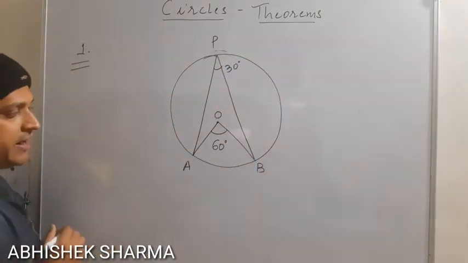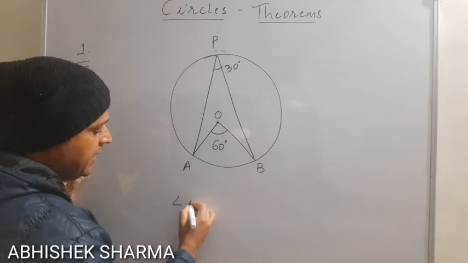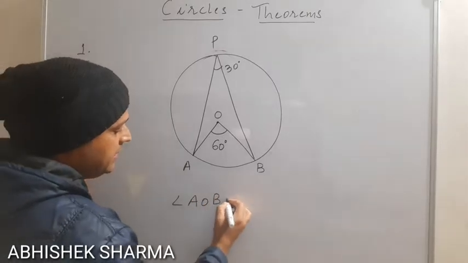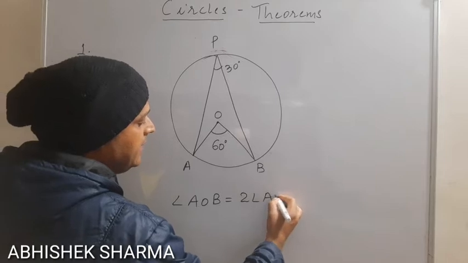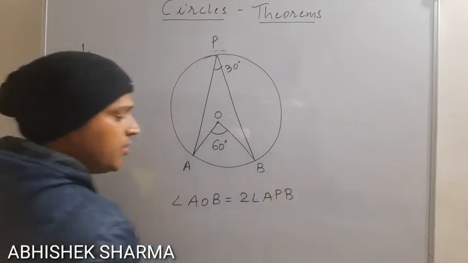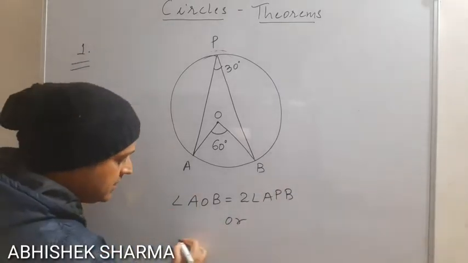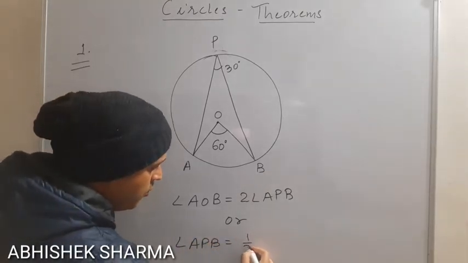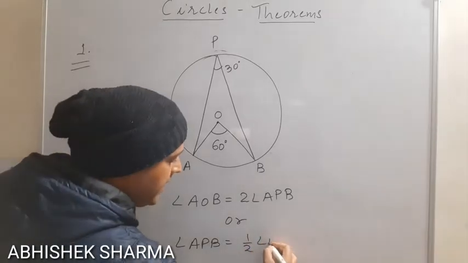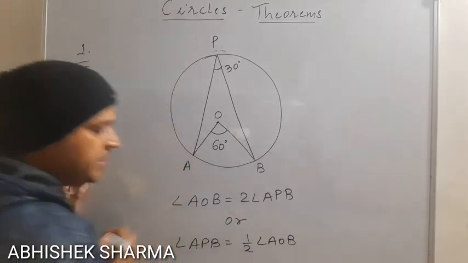So what we can write here: angle AOB is twice of angle APB. Or we can write angle APB is equal to 1 upon 2, half of angle AOB.